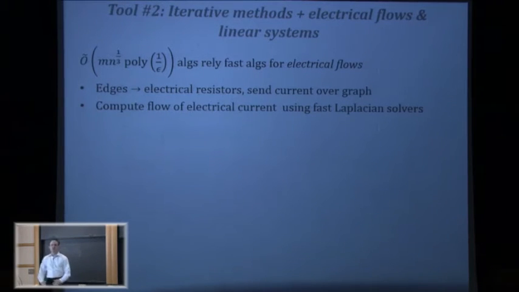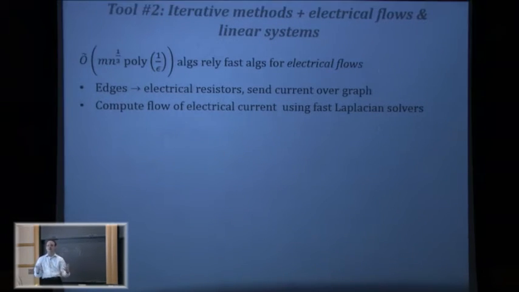You can associate to a graph a matrix called the Laplacian. Solving a linear system in the Laplacian lets you answer the question of what electrical current does in a graph. And it turns out you can solve graph Laplacians, due to some beautiful recent work, in almost linear time, nearly linear time, which is surprising. If you think about what you can get in m polylog n time, you can sort stuff, or do breadth first search, or compute arbitrary linear system solutions with arbitrary coefficients on arbitrary right-hand sides using a graph based on the matrix.